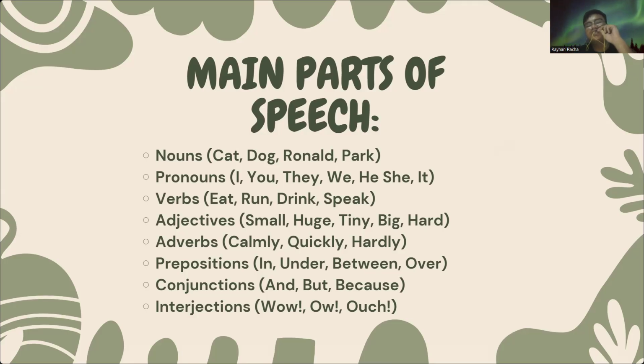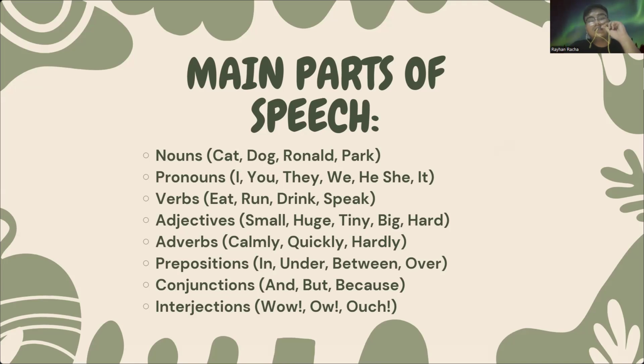The word huge counts as an adjective. The next one is adverbs, which are words like calmly, quickly, and hardly. For example, "she works on the exam very calmly" or "she works on the exam very quickly." The words quickly and calmly count as adverbs.